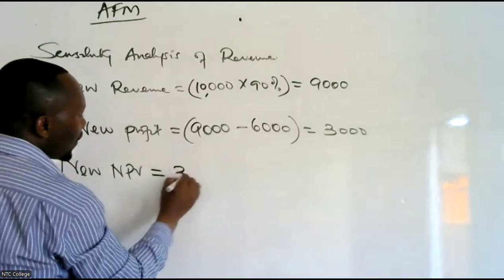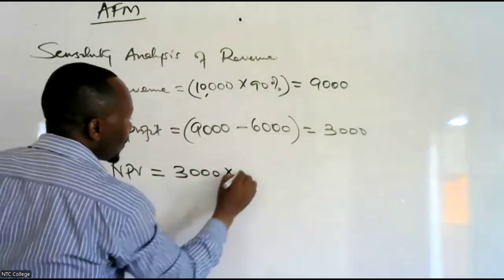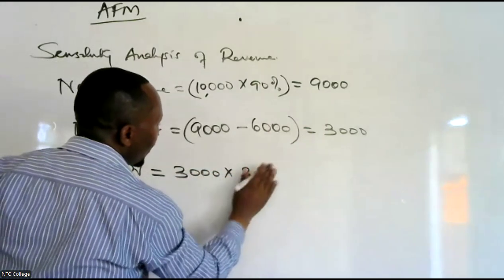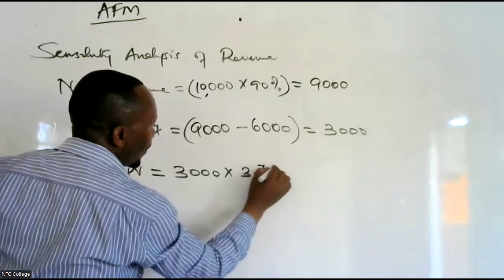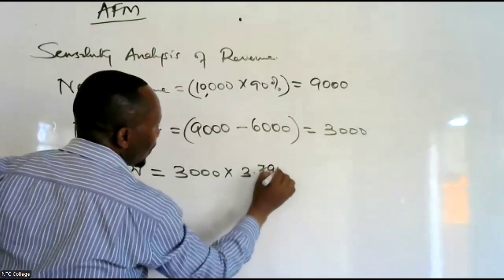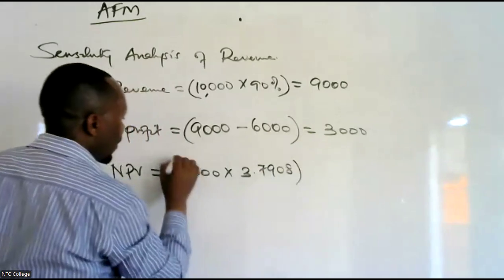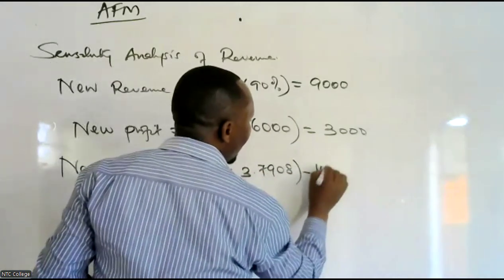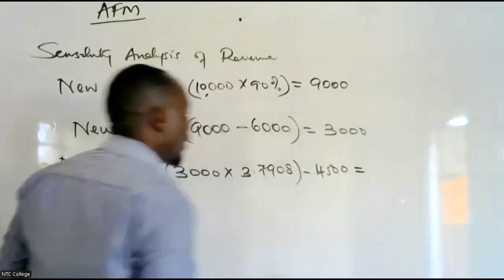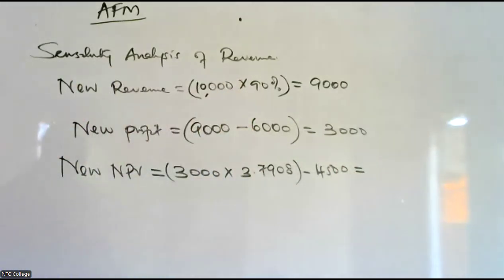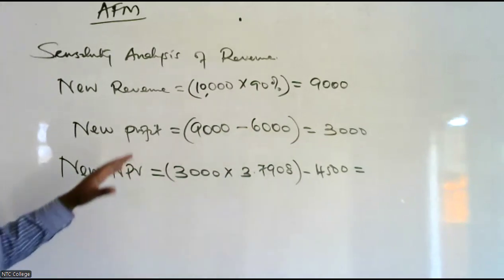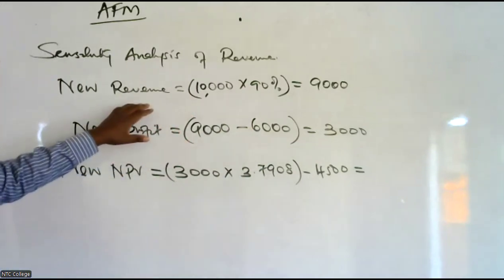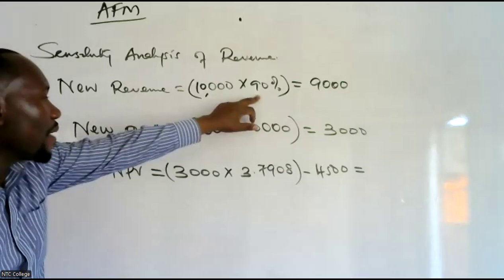So NPV is now 3,000 times discounting factor, which is 3.7908, minus IO, which is 4,500. What are you getting as the new NPV? After that percentage change, we are given a percentage change. So this is what makes it impact analysis.